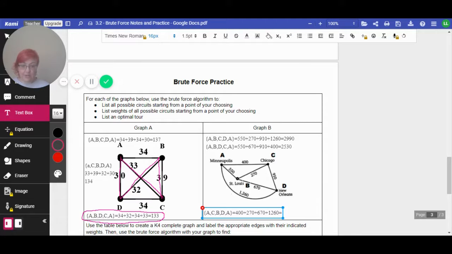Adding those up, 400, 270, 670, and 1,260 gives me a weight of 2,600.